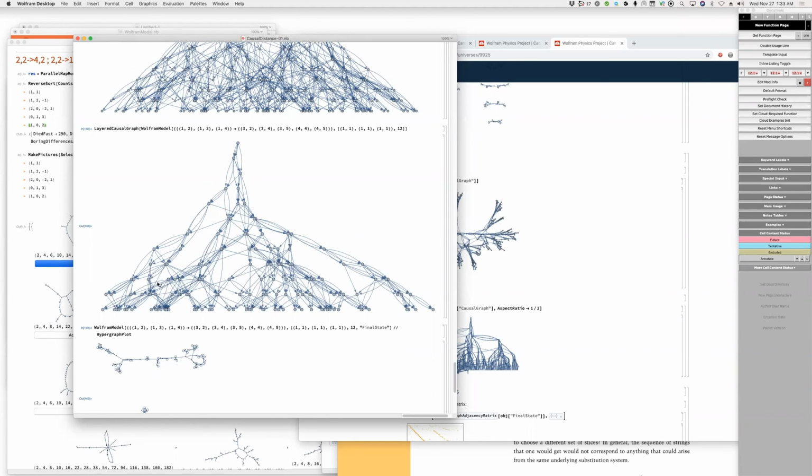And then the question is whether there are long-range connections, like the ones we see right here, that go horizontally. Well, they don't go horizontally by definition. Fair enough, but they can go almost horizontally.